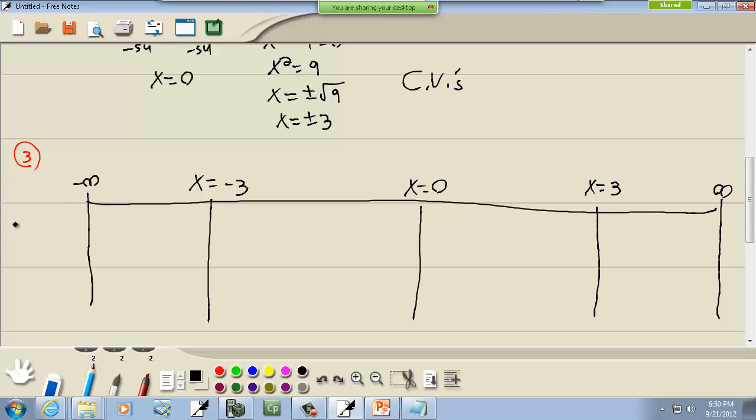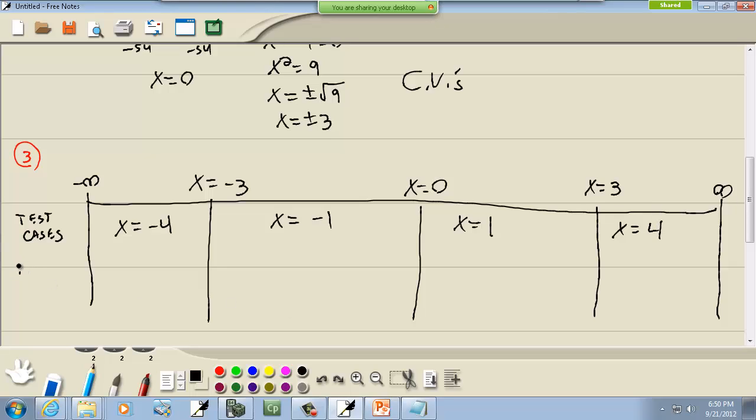Clear over here is negative infinity. Now we want to pick test cases. I want to choose a test case between negative infinity and negative 3, like negative 4. I want to choose one between negative 3 and 0, like negative 1. Choose one between 0 and 3, like 1. And choose one between 3 and infinity, like 4.